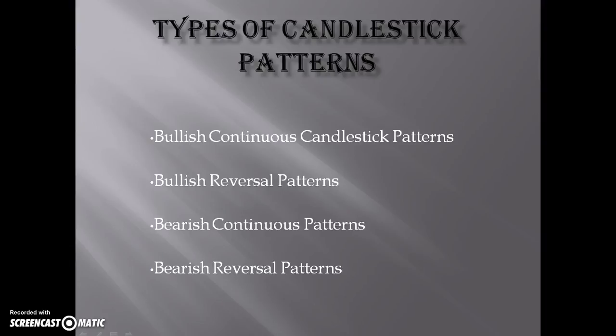Now each of these, as their names imply, tell whether an existing trend of the market is going to continue or is going to stop and reverse. A bullish continuous candlestick pattern tells us that an existing upward trend is going to continue once this candlestick pattern forms.